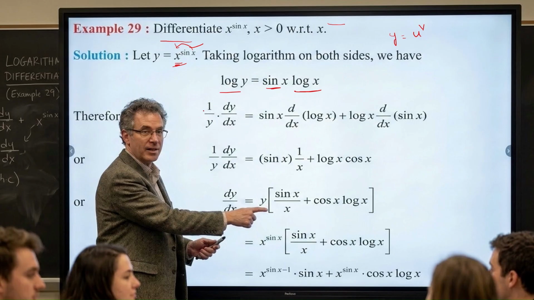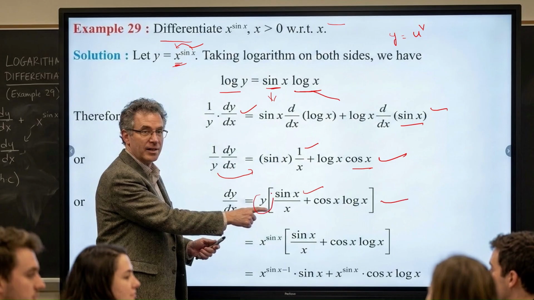Differentiation of log y is 1 by y, times dy by dx. I use the product rule for this one. Keep the first function as it is, differentiation of log x, plus keep log x as it is, differentiation of sin x. Now 1 by y dy by dx is equal to sin x as it is, differentiation of log x is 1 by x, then log x as it is, differentiation of sin x is cos x. Now I send this y to the other side. dy by dx is equal to y into (sin x by x plus cos x into log x).